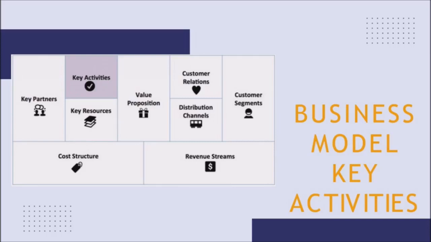The model describes how the company plans to operate in order to achieve its goals. It includes the company's value proposition, which is the unique benefit that it offers to the customers. The model also outlines the company's key resources and partners, as well as its cost structure.